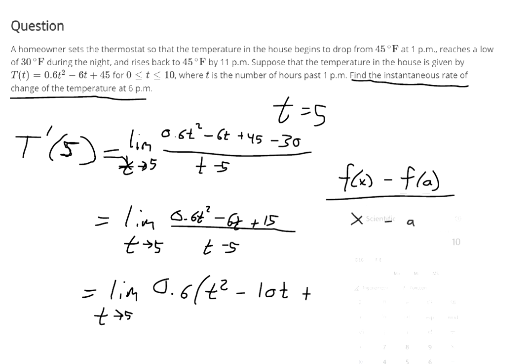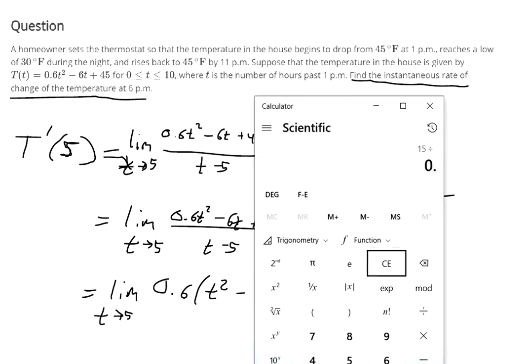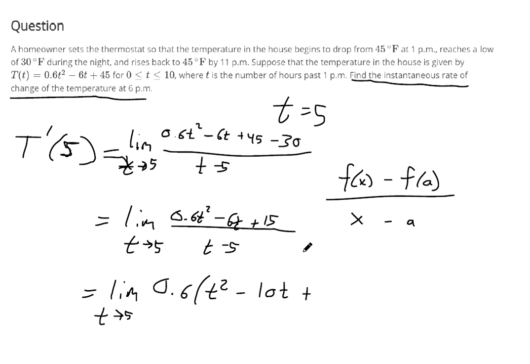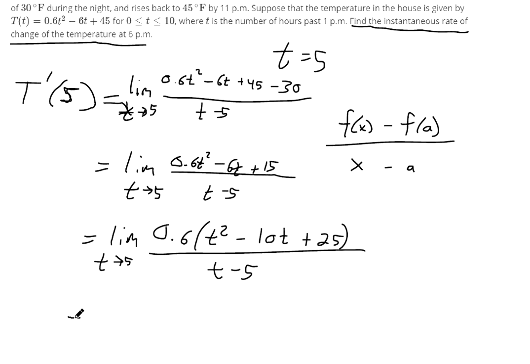And 15 divided by 0.6 gives us 25. Okay, this is something easier to factor. If you've ever heard that algebra is the hardest part of calculus, you're seeing why, because that trick isn't something that students usually look for. But you can factor 0.6 out of everything, and then we can factor the numerator.